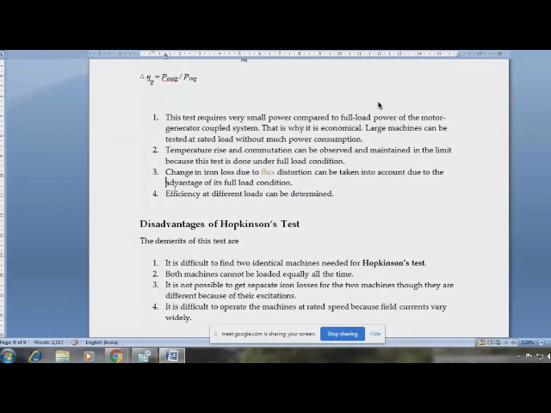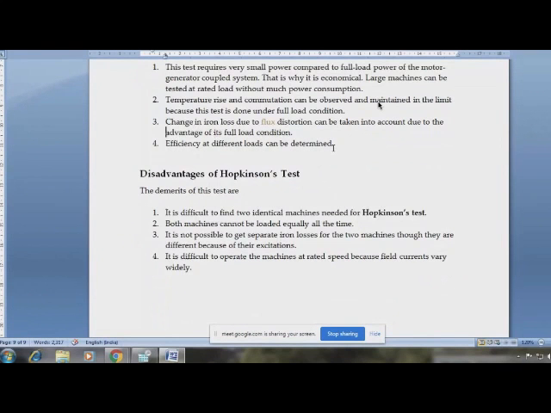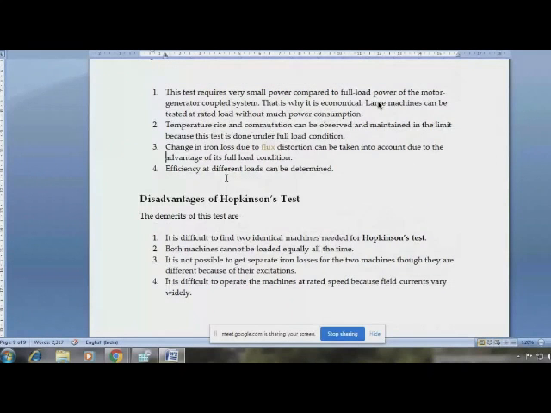And efficiency at different loads can be determined. That means I can go on adjusting the EG value with respect to the EB value, and hence the current delivered by the generator to the motor can be changed, and therefore the loads can be changed. So that is what we do here. Is it clear?